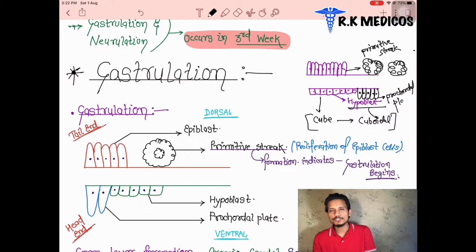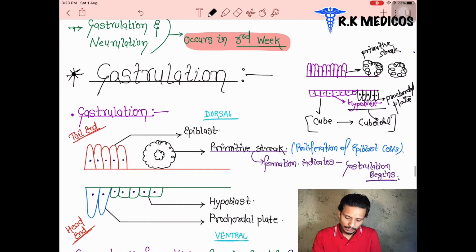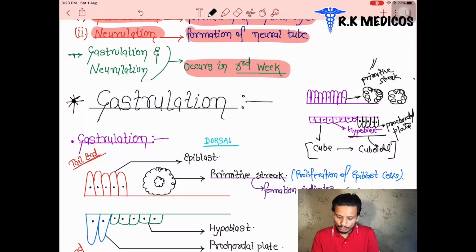So now there are two terms, the primitive streak and the prechordal plate, developing from the epiblast and hypoblast. The primitive streak forms something, and the prechordal plate also forms something. The prechordal plate develops further into the buccopharyngeal membrane, basically in the buccal or mouth region and the pharynx region. These structures are basically formed by which part?